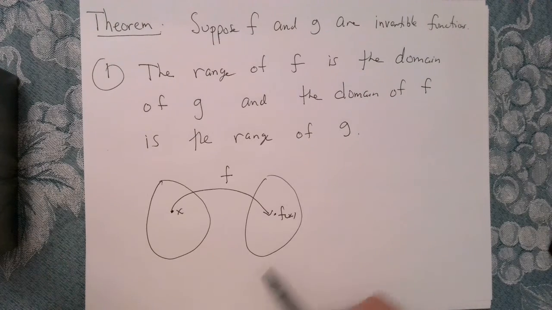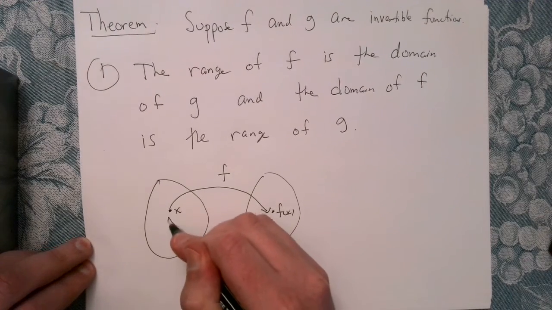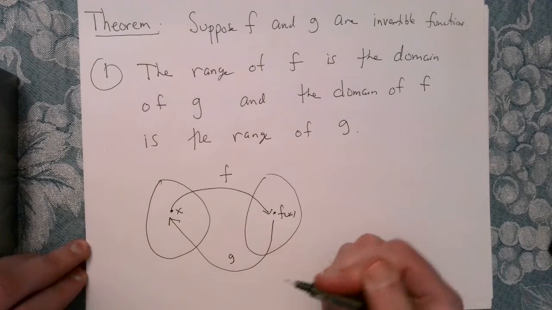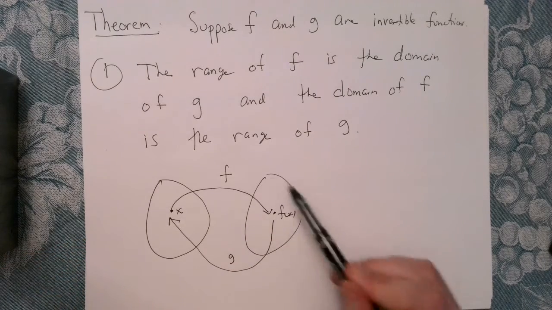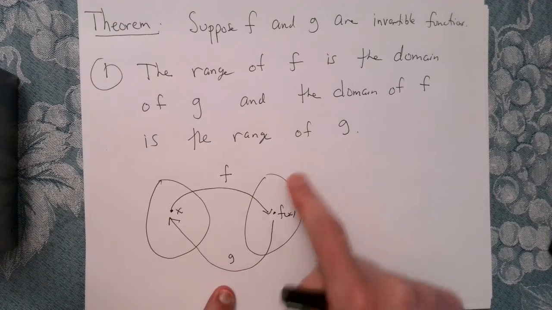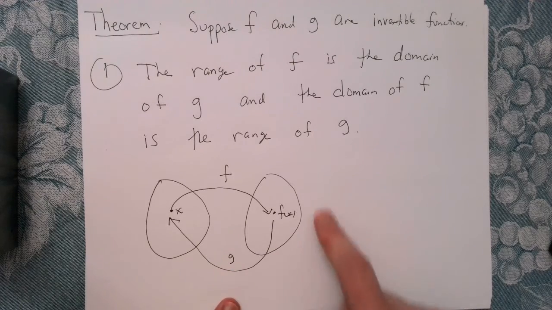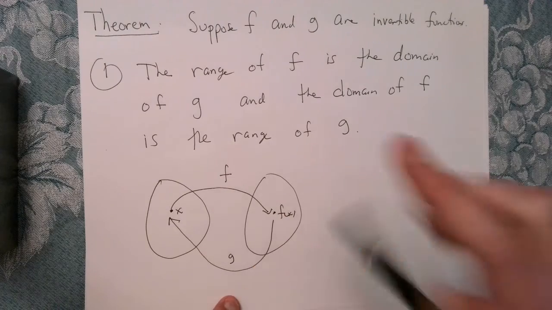And so when I reverse the arrows via g, we want to notice something. So in this case, since g is taking elements from here and sending them there via some rule, this is the domain of g, right? Think about the direction of the arrows. Well, this domain of g is the range of f.